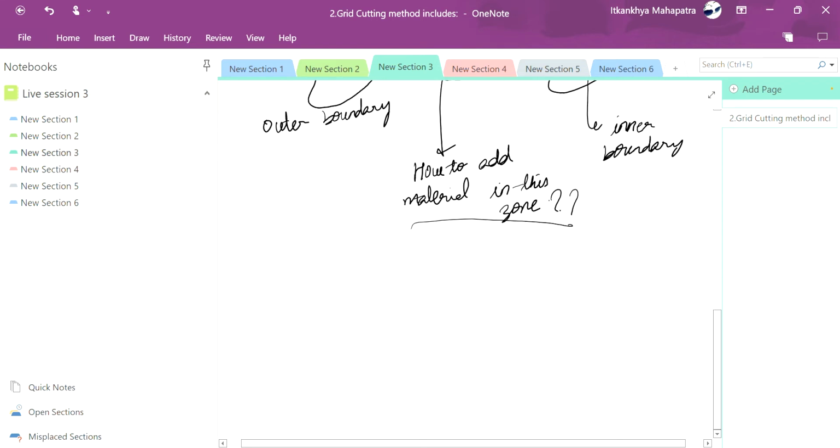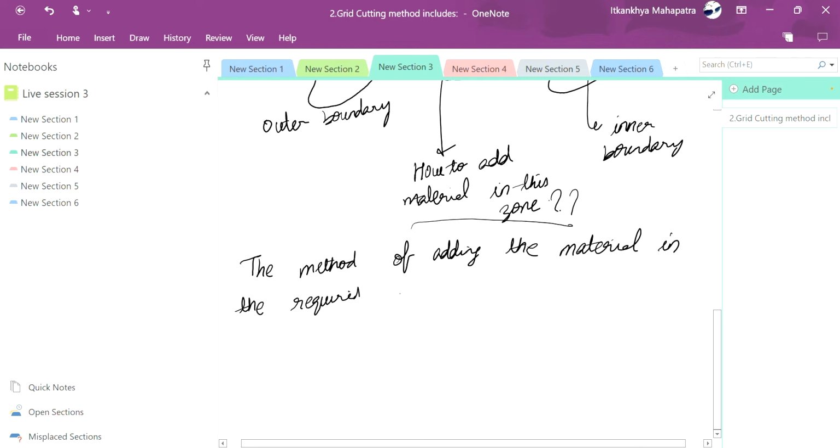Now, the method of adding the material in the required zone is called the area filling method.